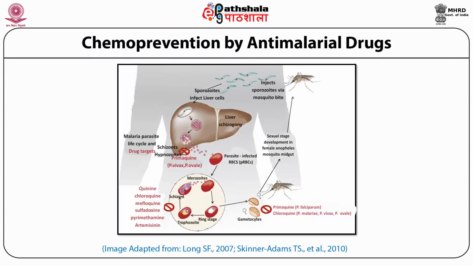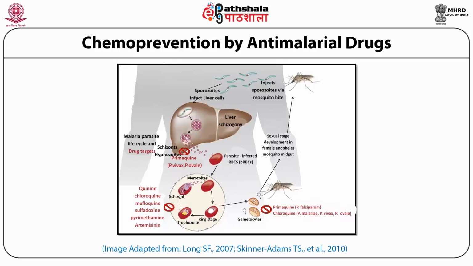The picture here shows the life cycle of the malaria parasite and the antiplasmodial drug targets within the human host, which undergoes the asexual development of the parasite. If we see the picture, there is a liver schizogony and the erythrocyte schizogony going on.